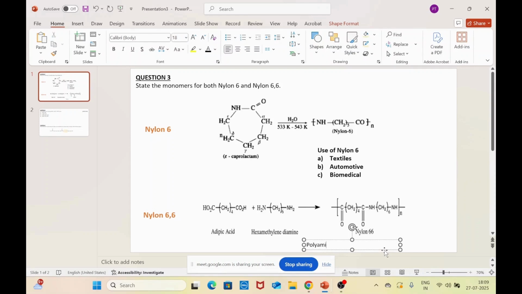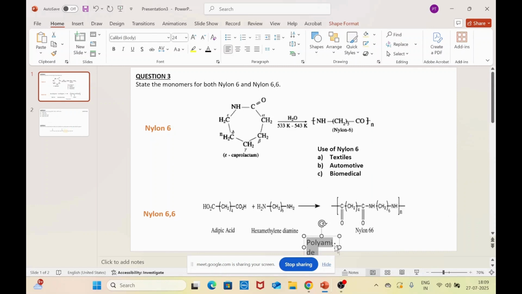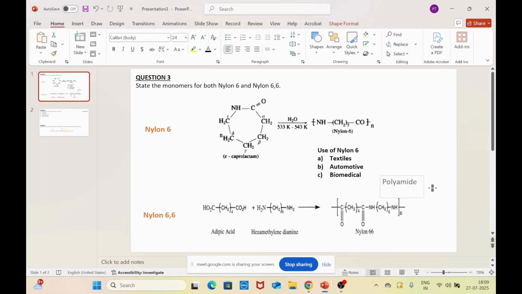And why is it a polyamide? Is there any specific reason to call this an amide? It's a polyamide, but any specific reason?